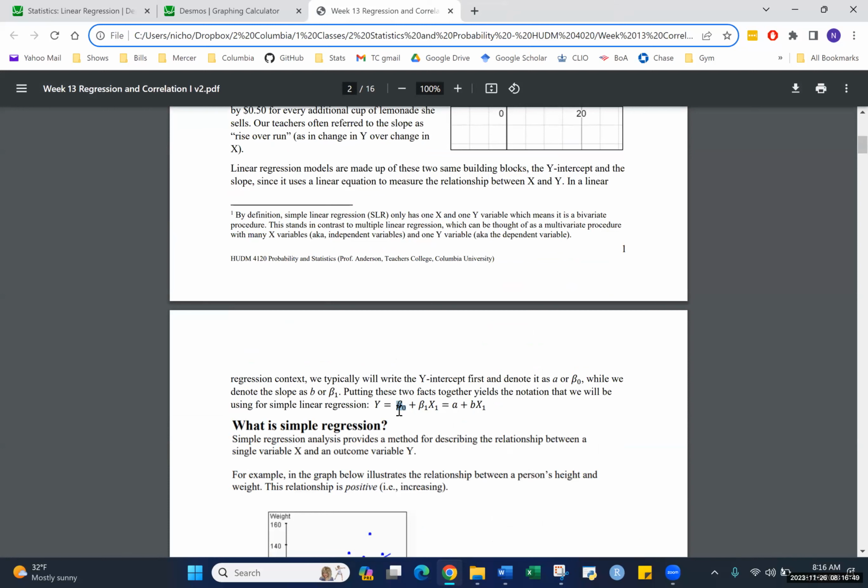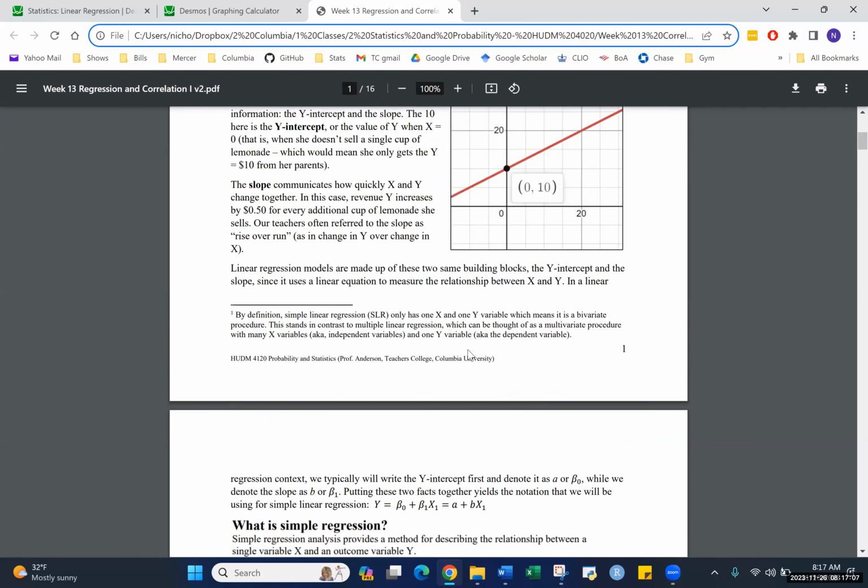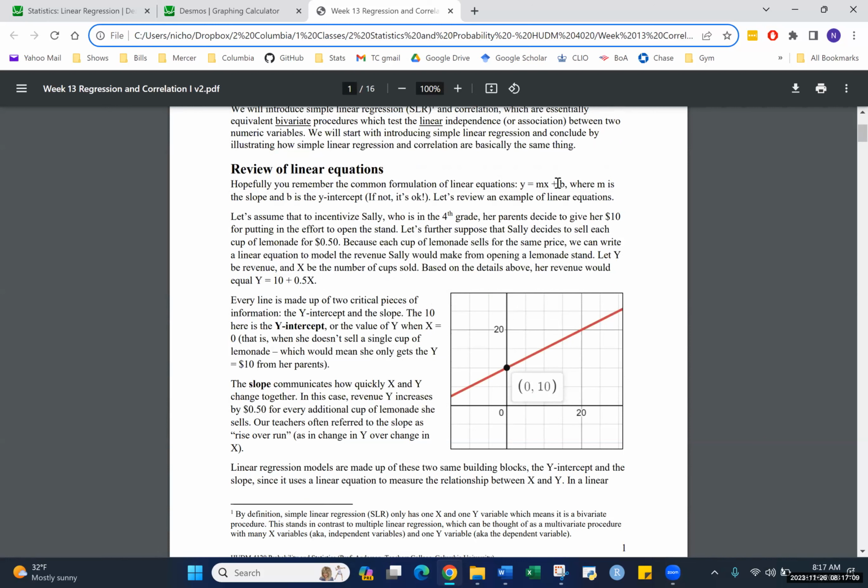So we can have beta 0 or alpha or a, always lowercase. These could be the y-intercepts. And then beta 1 or little b, those are going to be the slopes. So b or beta 1, that's m. And then beta 0 or a, that's going to be the b part of our old formulation, y equals mx plus b.